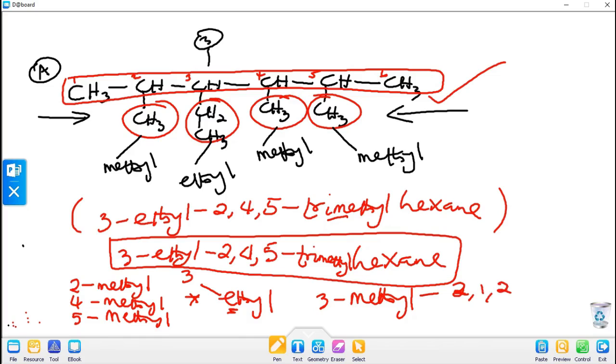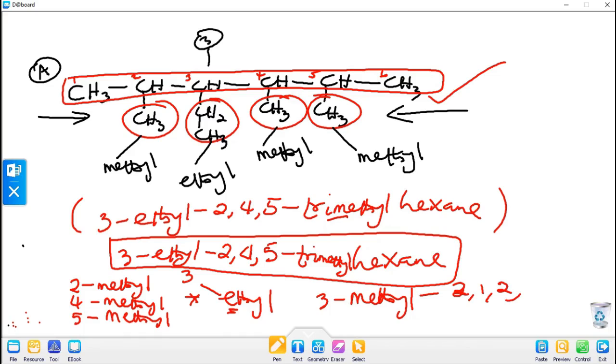Numbers should be separated from numbers with a comma, while numbers and letters or words are separated with the punctuation mark hyphen. So take note of that, and that is why we have 3-ethyl-2,4,5. You can see that the numbers are separated with a comma, while numbers are separated from letters with a hyphen punctuation mark.